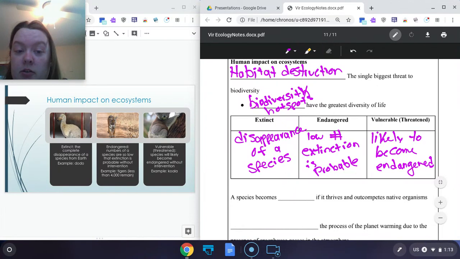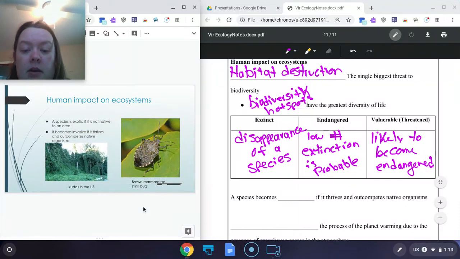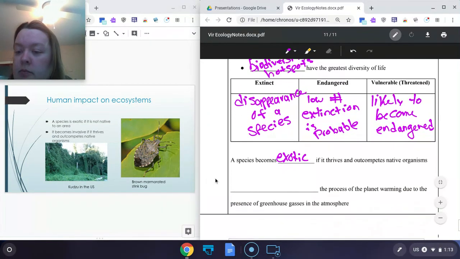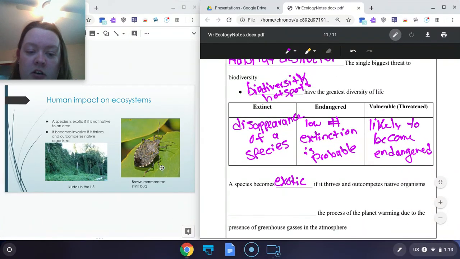The koala is currently considered vulnerable to becoming endangered. A species is considered exotic if it is not native to an area. Here, where we live, an exotic species would be the stink bug. They are considered exotic because they're not native to the area. They were not here originally. They've been moved, so they're considered exotic.